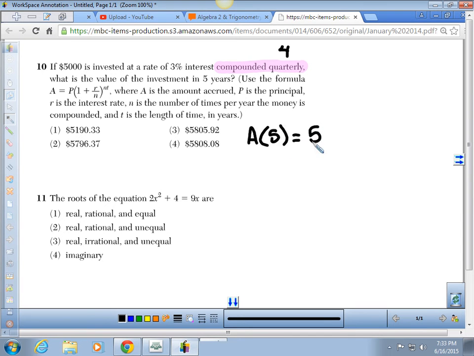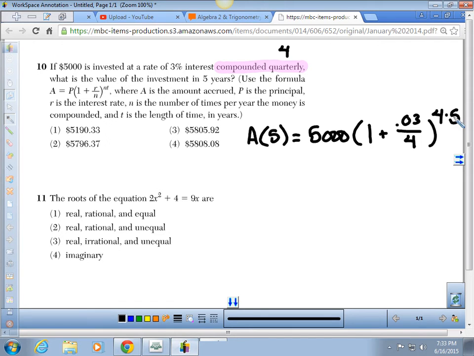Well, that's going to be equal to our $5,000 principal, 100% of what we already have, plus 3% compounded quarterly for 5 years. Can we type that in all at once? We absolutely can. We just want to be very careful.